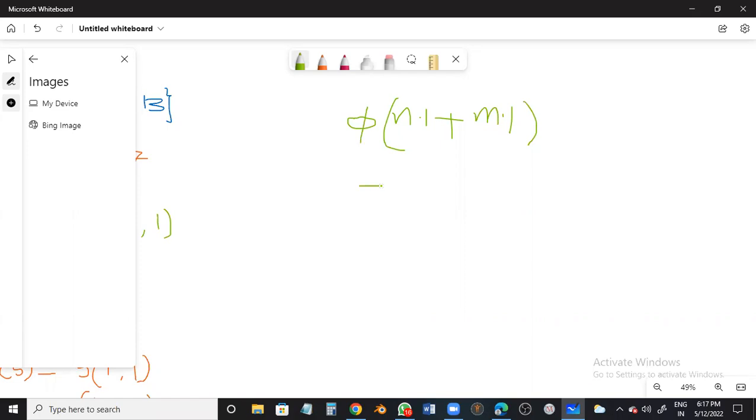What is going to be the output? n times 1 plus m times 1 is actually n plus m. Do you agree? So this is going to be n plus m times the ordered pair (1, 1). Will it be so?